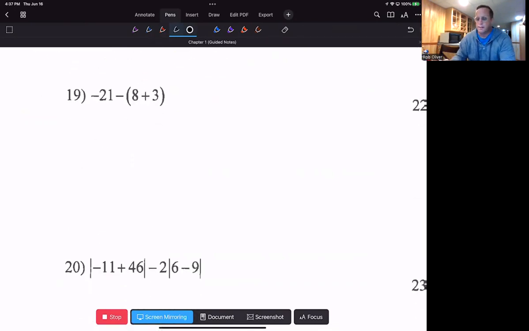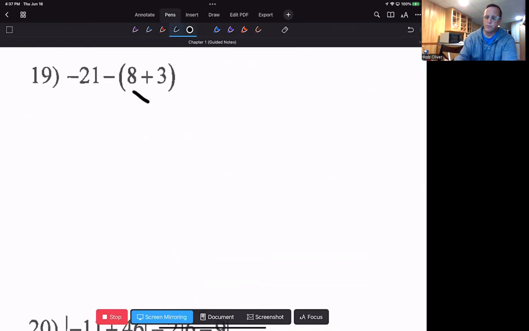All right, going on to number 19. We're going to do parentheses first. Notice there's a minus sign hanging outside the parentheses, and it may or may not affect the outcome of what happens in the grouping symbol. We're going to pay attention to that. So we got 21 minus, and then 8 minus 3 is 5. Oh, what did I do minus 3 for? Sorry.